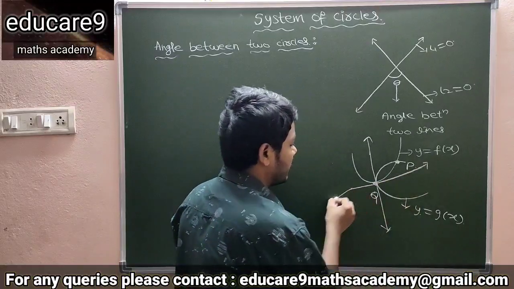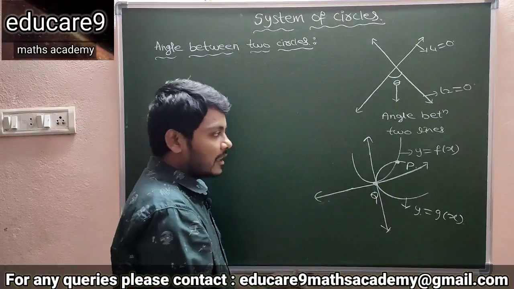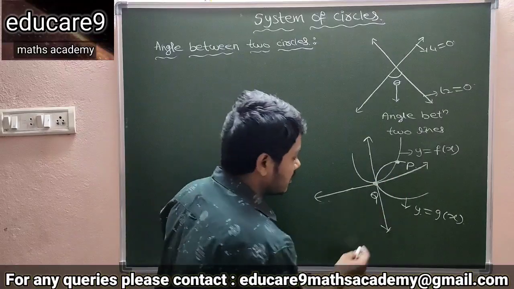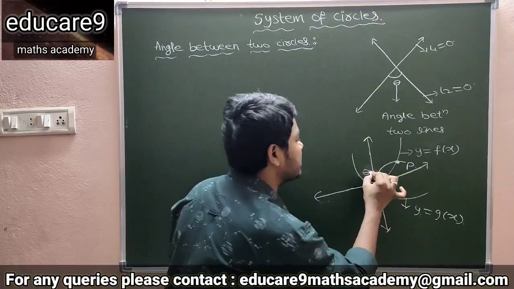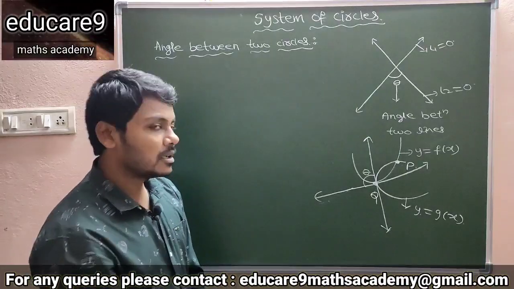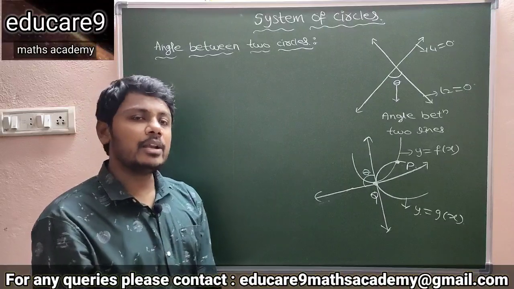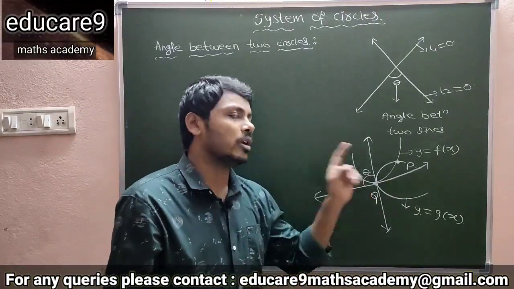Then the angle between these two tangents, see here, is some theta. So theta is called the angle between two tangents. That is the angle between two curves.